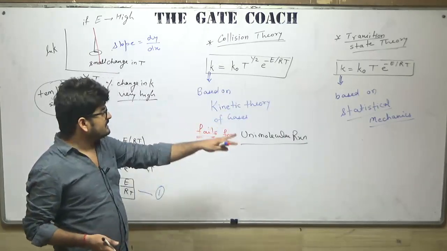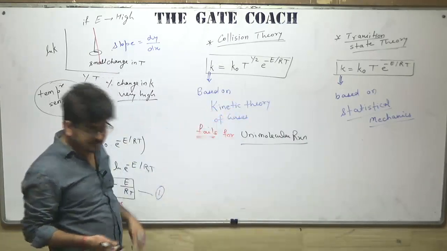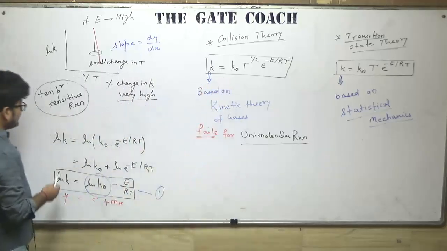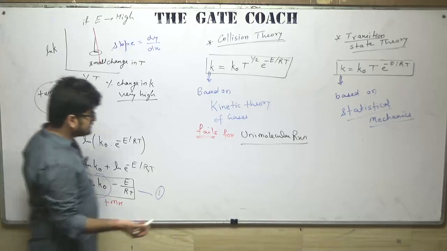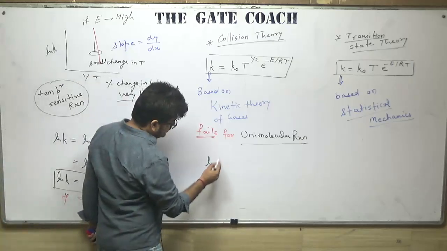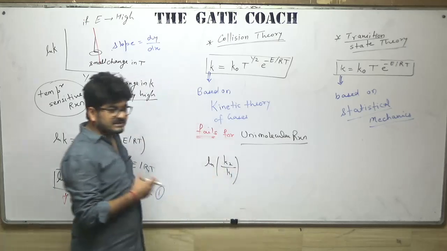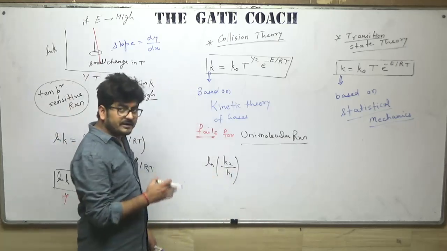Okay guys, this is collision theory and this is transition state theory, and if you want to write these theories in the form of ln K2 by K1, remember these are the small k, small letters.